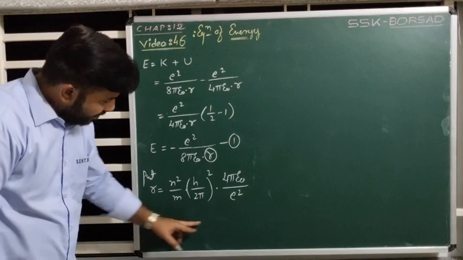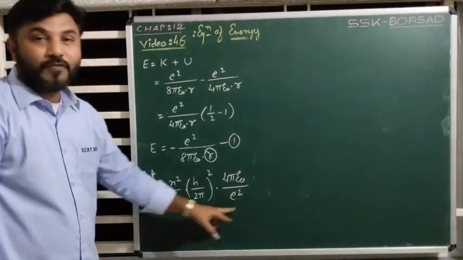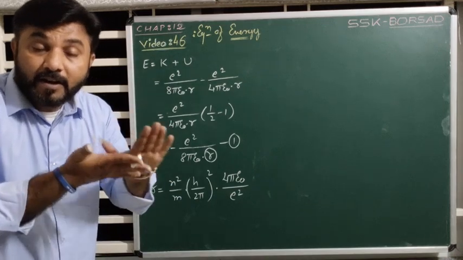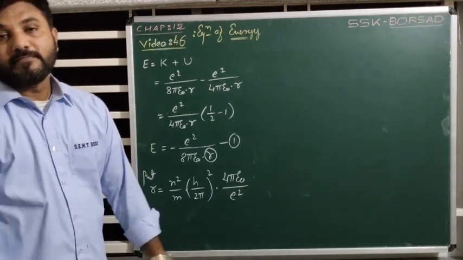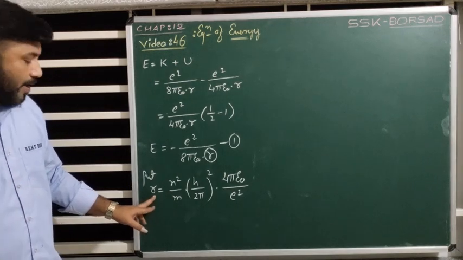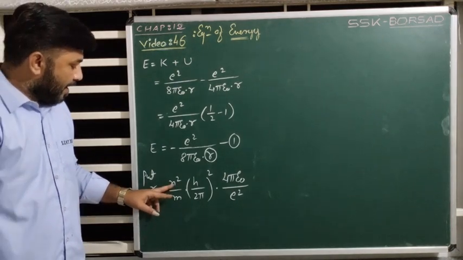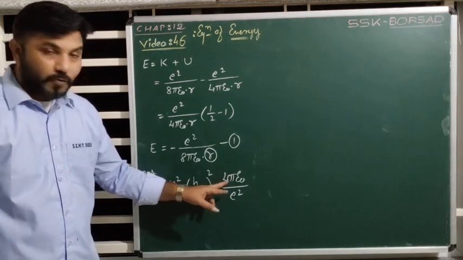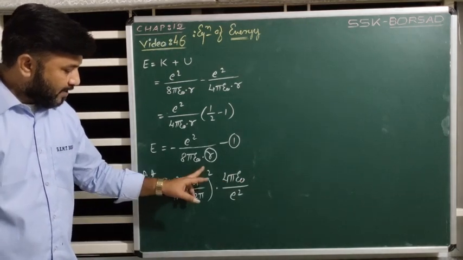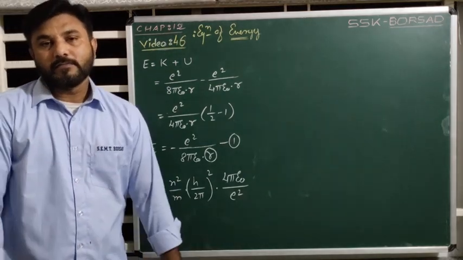If you have no idea of that r equation, then that theory will be washed out. So anyhow you have to remember it, it is very easy: n square h square 4 pi epsilon 0 upon m 2 pi whole square e square.